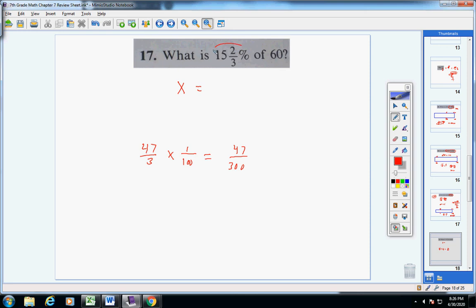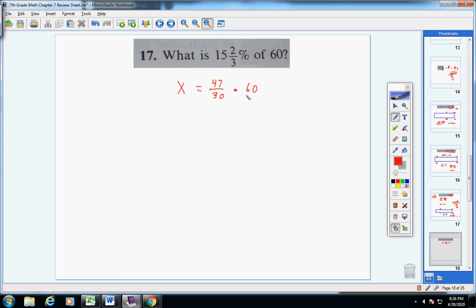Now, this is the exact same thing as this fraction right here, 47 over 300. Alright? Of means multiply times 60. So there we go. X equals this fraction here times 60.